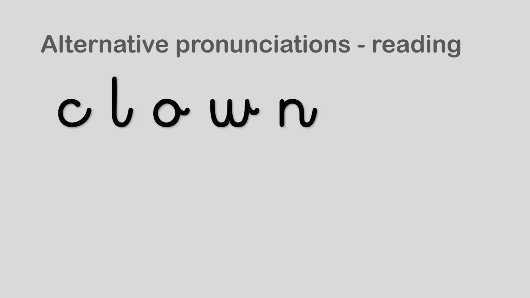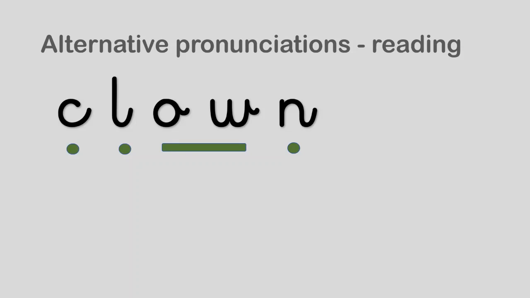When reading a word, we might have to try more than one different way of pronouncing the phoneme. So if I was a child and I saw this word, I might read it k, l, o, n, clone. And I might be quite happy with that because clone is a real word, but it might not make sense.